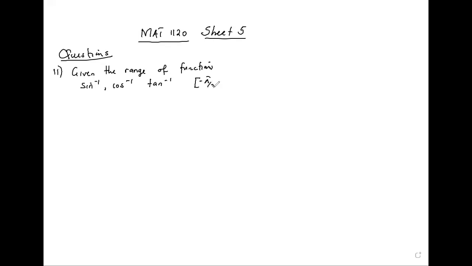For sine inverse, it is negative pi over 2 to positive pi over 2. For cos inverse, it is 0 to pi, and for tan inverse, negative pi over 2 to pi over 2, not included, of course.